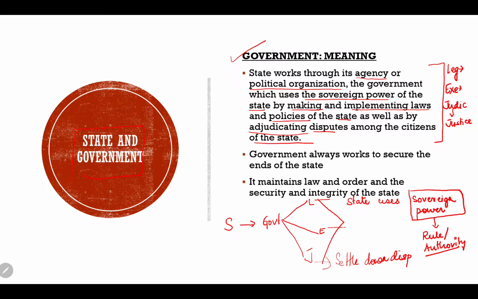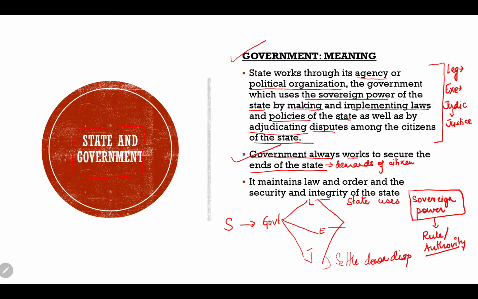Understood? So by seeing these points, the government always works to secure the ends of the state. I will repeat, the government always works to secure the ends of the state. The ends of the state is that at the end it successfully meets the needs and demands of citizens.